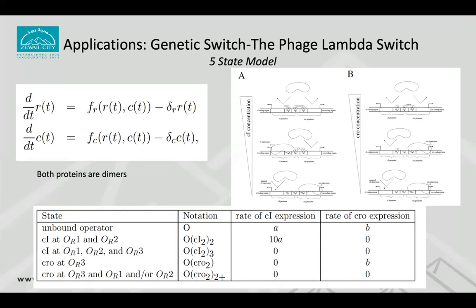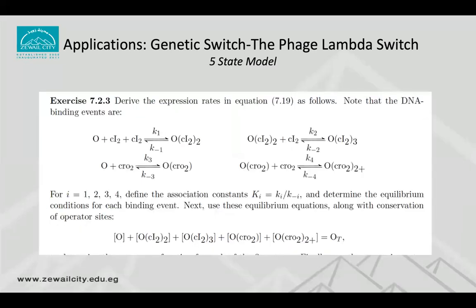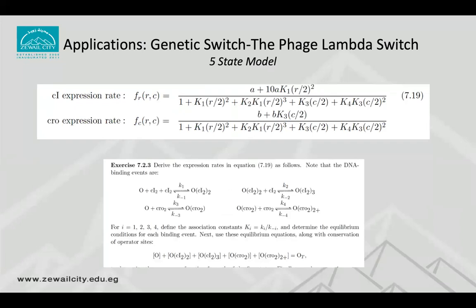For each of them, we have a rate of CI expression and a rate of Cro expression, which we can substitute in our differential equations. This is what we wind up with for the CI expression rate and the Cro expression rate. We don't really have time to go through and verify all of these numbers. We're just reading off the table and substituting in the fractions that are appropriate.